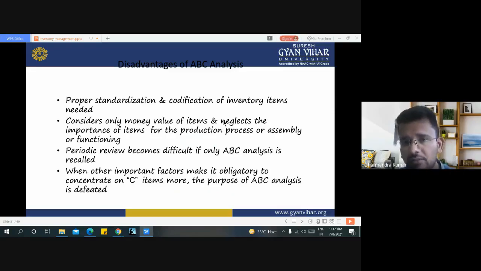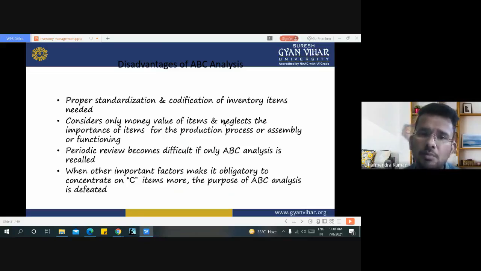It considers only money value of items and neglects the importance of items for the production process or assembly or functioning, because we have seen that the ABC analysis consists of two most important factors. One is size, or number of components, and one is the overall pricing or the percentage of pricing which is consumed to purchase that type of a particular product.